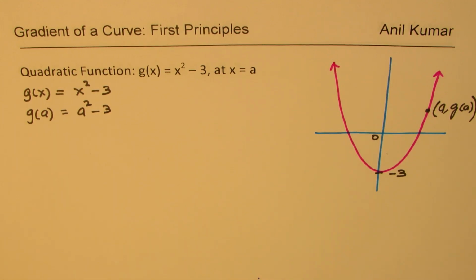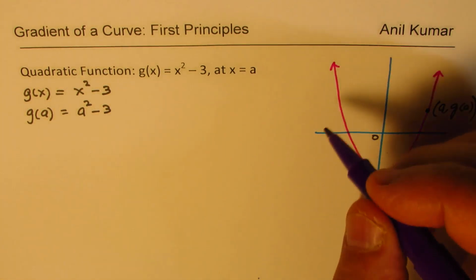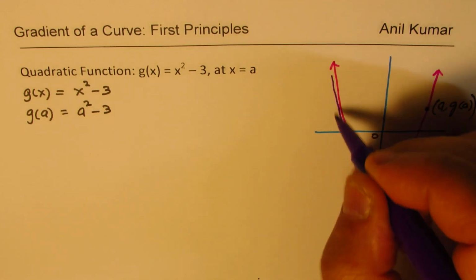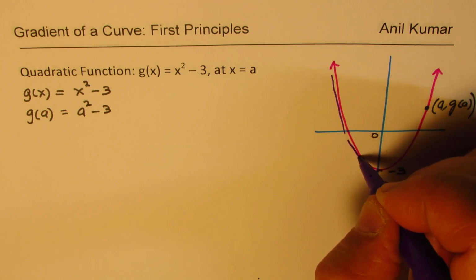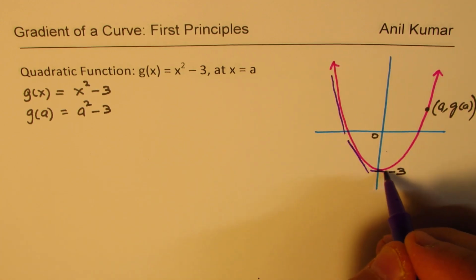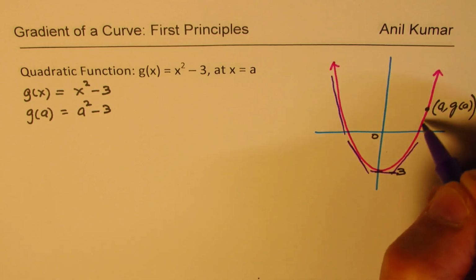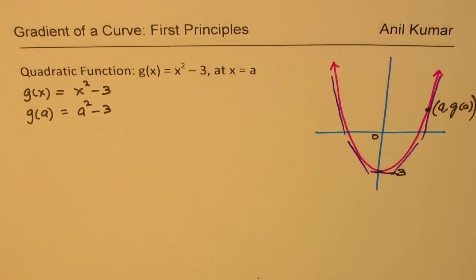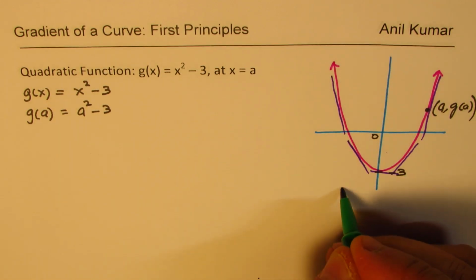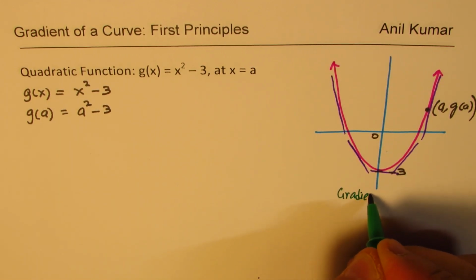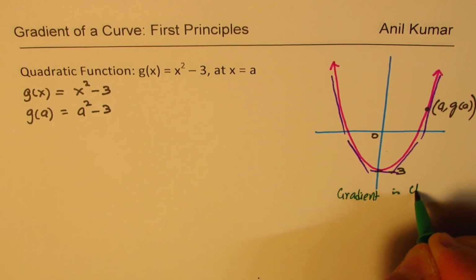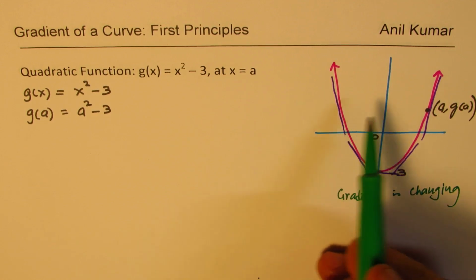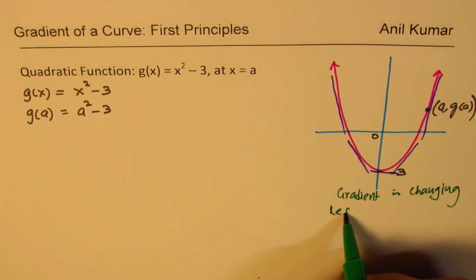Now, you will notice that if I draw a tangent at any point here, for example, it is negative, right? It is less negative, 0, positive, and pretty steep, right? So what we see here is that the gradient is changing. Whenever we talk about curves, we move from left to right.